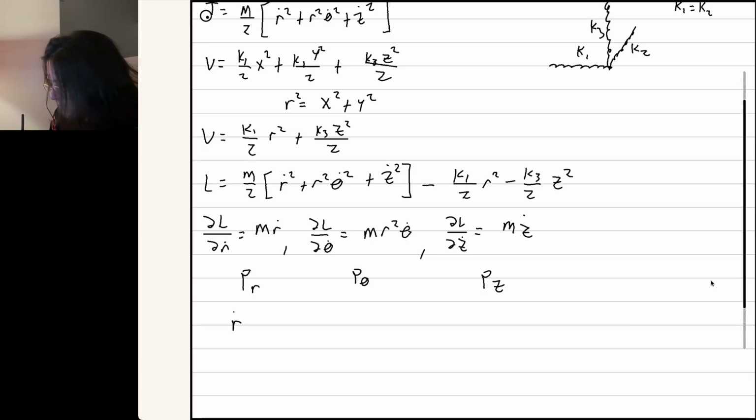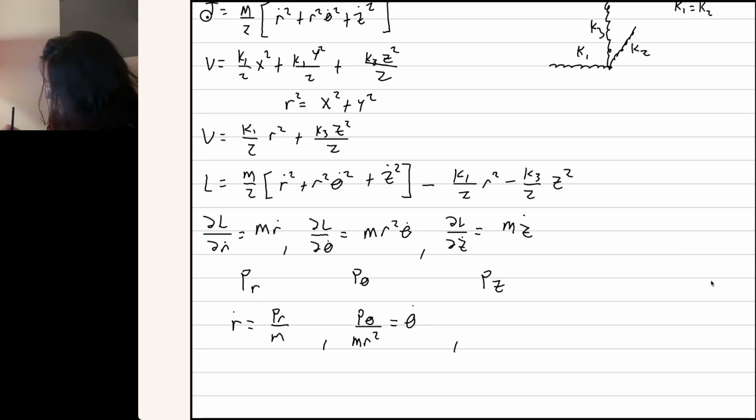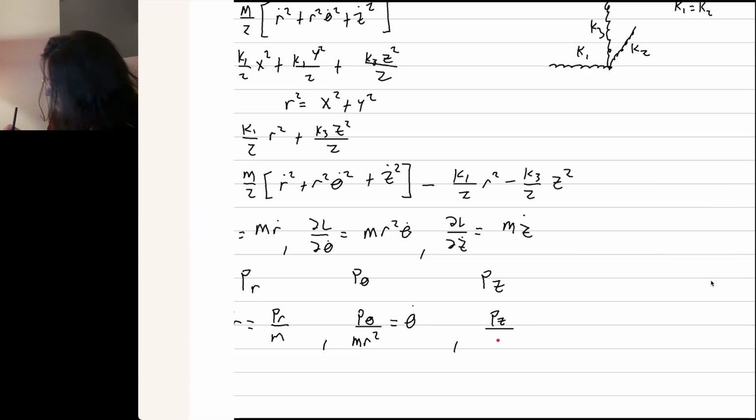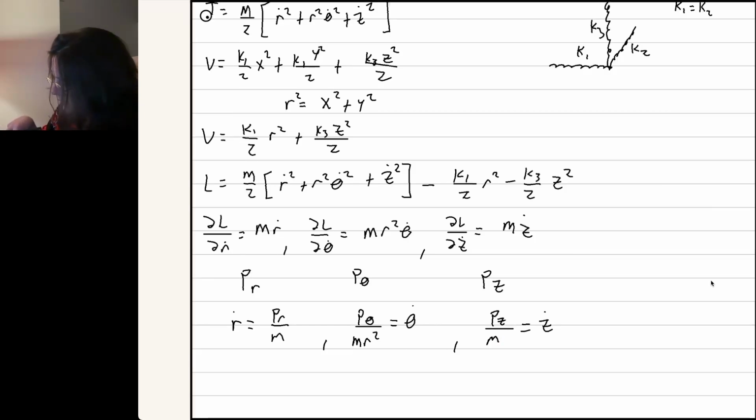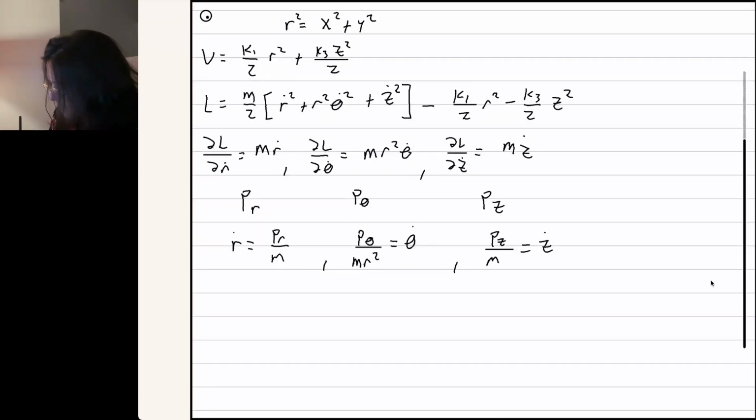As always, just go ahead and put r dot, theta dot, and z dot in terms of the momenta. So we'll have p theta over m r squared equals theta dot, and p z over m is equal to z dot. Rewrite the Lagrangian in terms of that stuff.